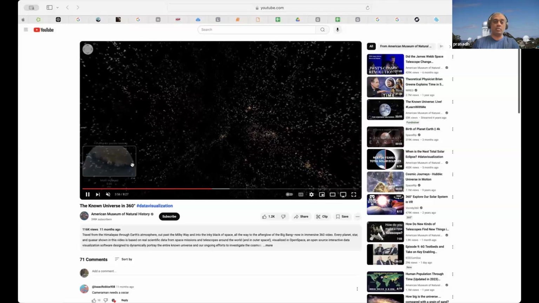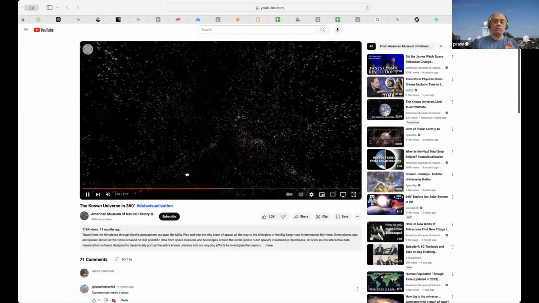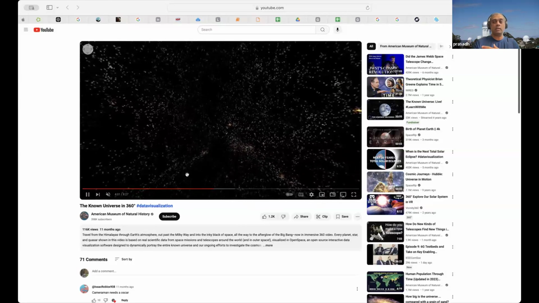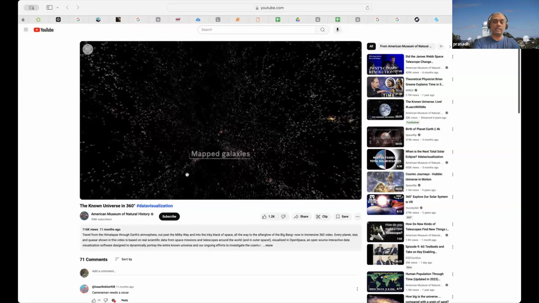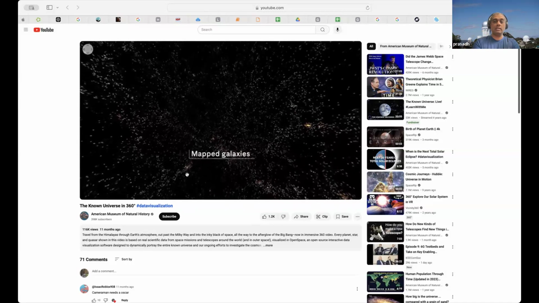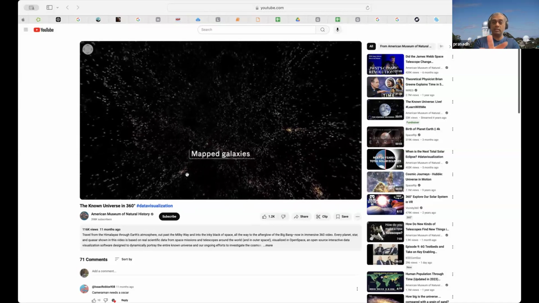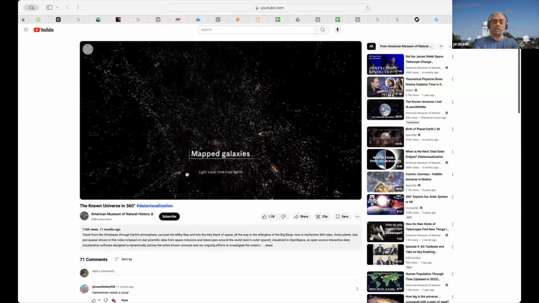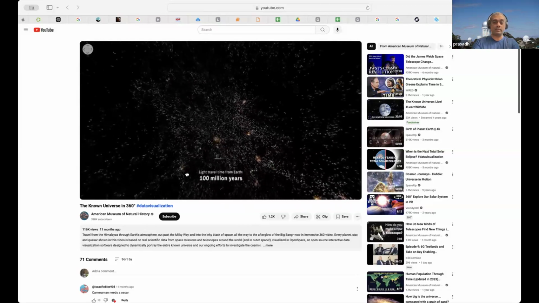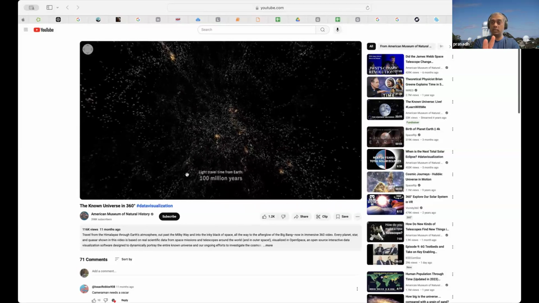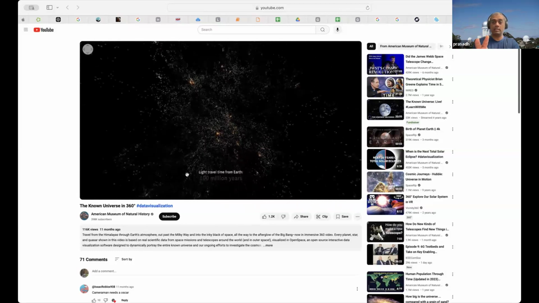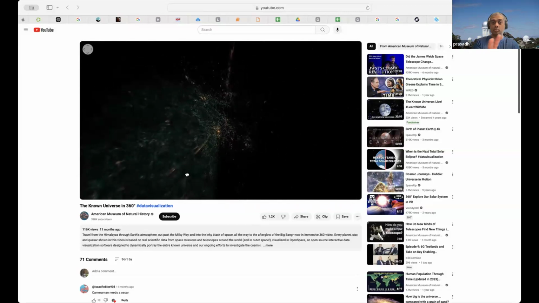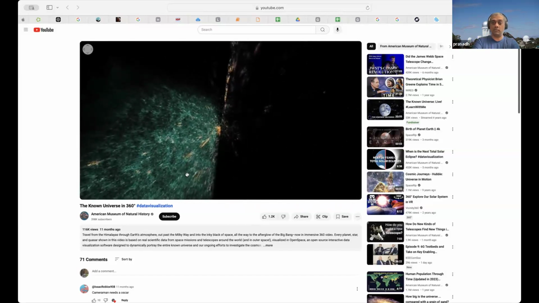you can see now, even when we pass our neighboring galaxies, these are all the mapped galaxies in the universe we have from the data. And you can see this is around a 100 million scale. So you have all the galaxies. Now you have galaxy clusters, superclusters, those kinds of things, right?